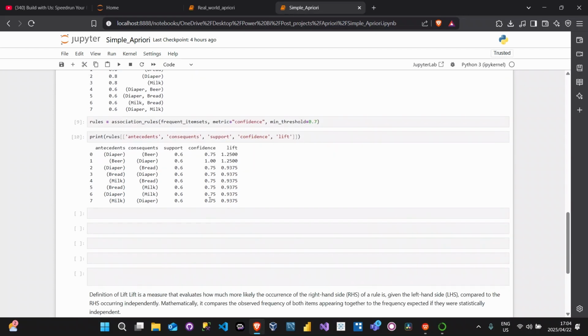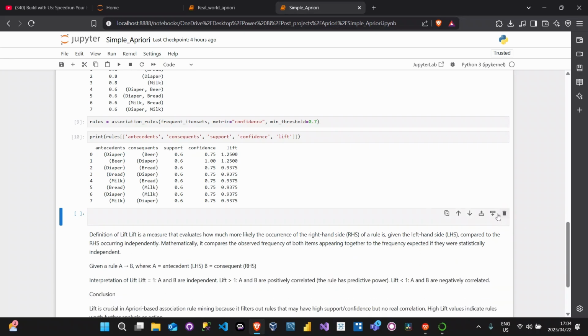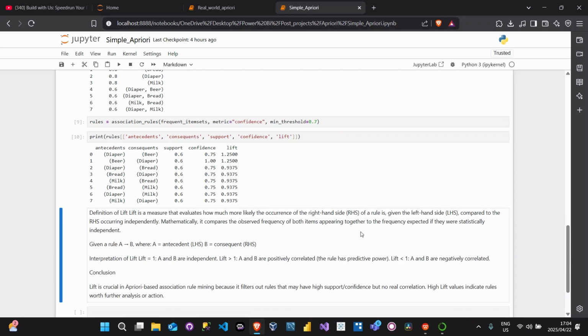Then for the lift, I will leave and explain the notes that follow. So the lift definition, I had given it on top, but I will explain it further. The definition of lift is a measure that evaluates how much more likely the occurrence of the right hand side, which is in this instance the antecedents of a row, given the left hand side, compared to the right hand side occurring independently.